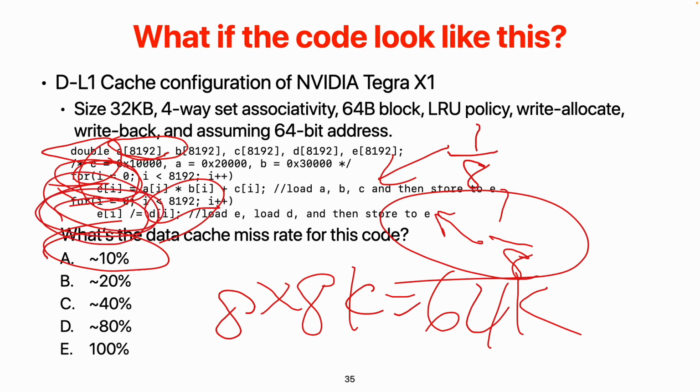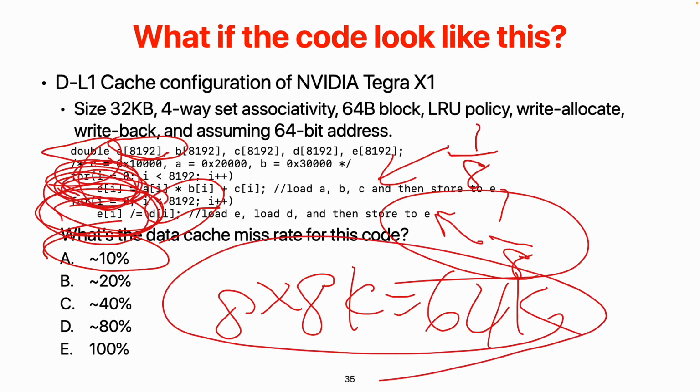However, the EI here becomes a capacity miss, because we already have the EI before. And the reason we cannot keep it is simply because if we want to keep the whole EI, you will need 64K. And given you have a 32K cache, there's no way we will keep it. Makes sense? Right? So the answer is actually A.